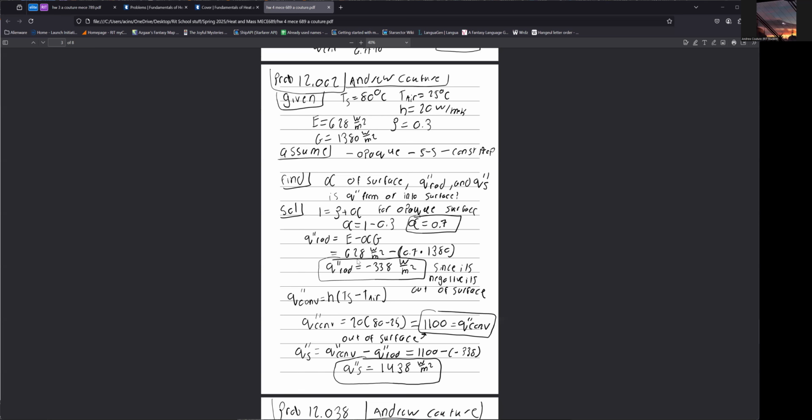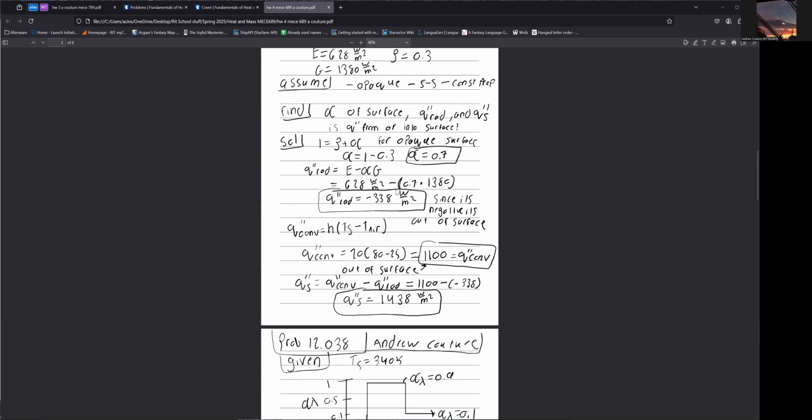So you can see 628 minus 0.7 times 380, which in this case is negative, which means that the radiation is going out of the surface. Because radiation typically assumes your heat is going into the surface, not out of the surface, unlike with convection.